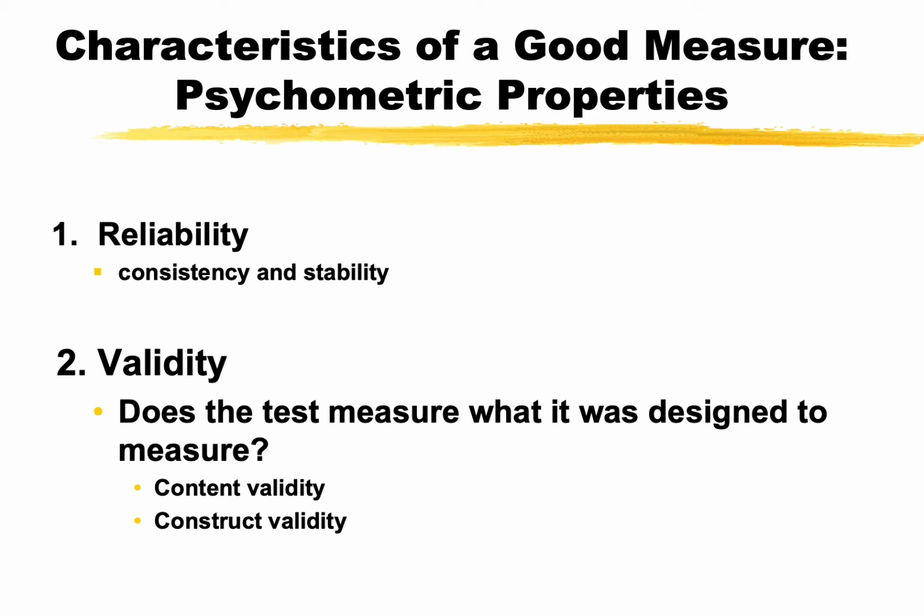The second basic psychometric property is called validity, whereas reliability analysis indicates whether the test provides a consistent measure. That does not tell us what the test actually measures. Validity indicates whether the test measures what it was designed to measure.